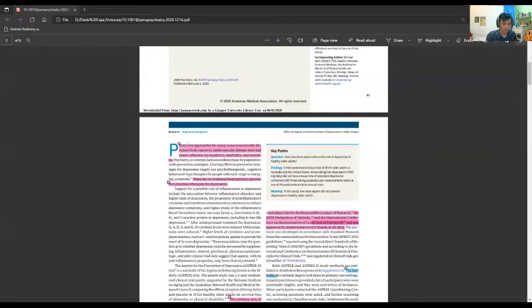It says preventive approaches for many non-communicable disorders, from cancer to cardiovascular disease, have had major influence on incidence, morbidity, and mortality. So this is the scientific background of this article.